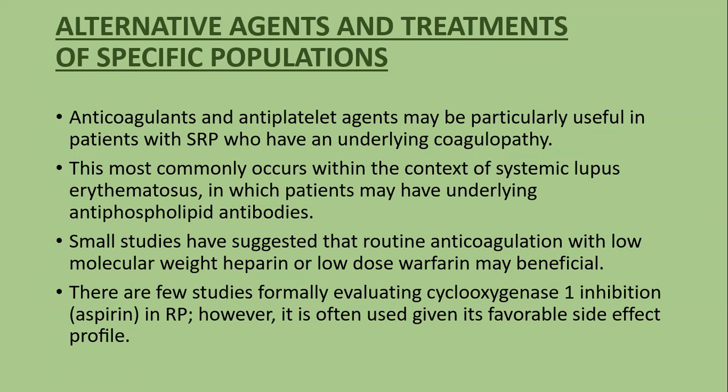Small studies have suggested that routine anticoagulation with low molecular weight heparin or low-dose warfarin may be beneficial. There are few studies formally evaluating the cyclooxygenase 1 inhibitor aspirin in Raynaud's phenomenon. However, it is often used given its favorable side effect profile.